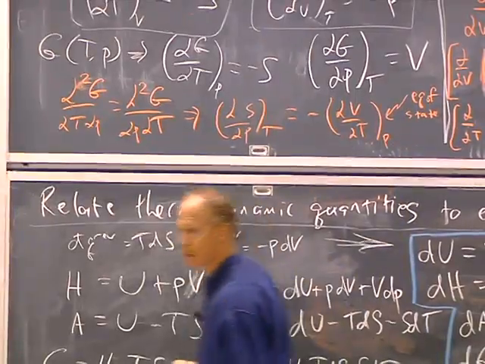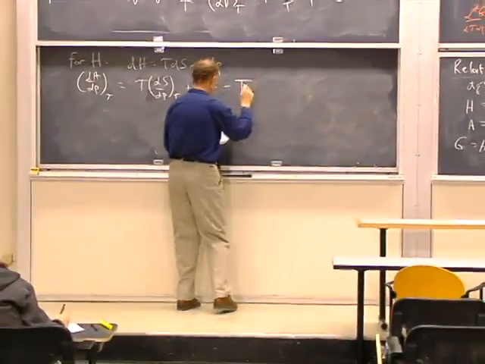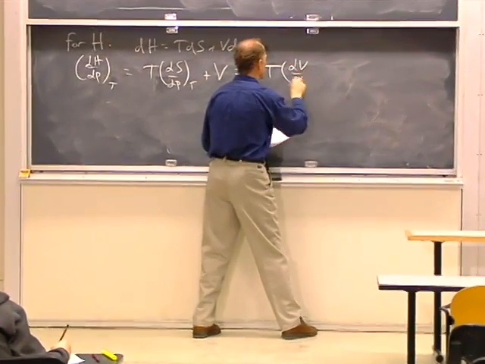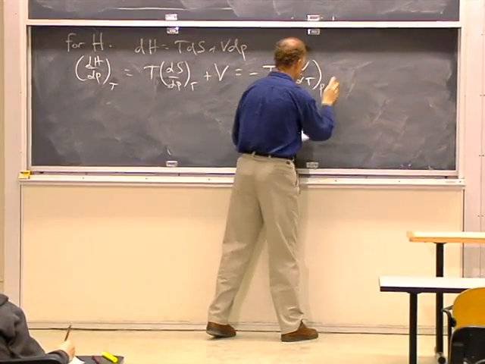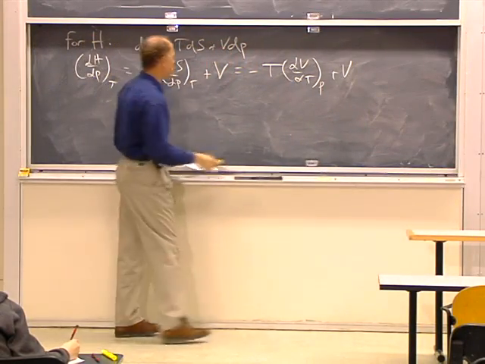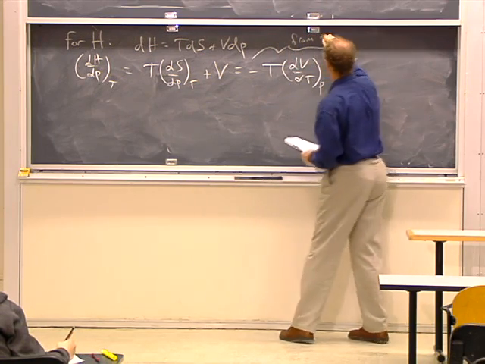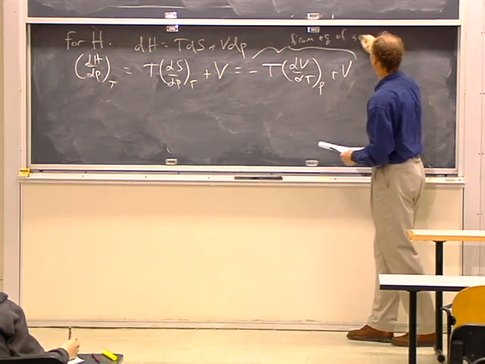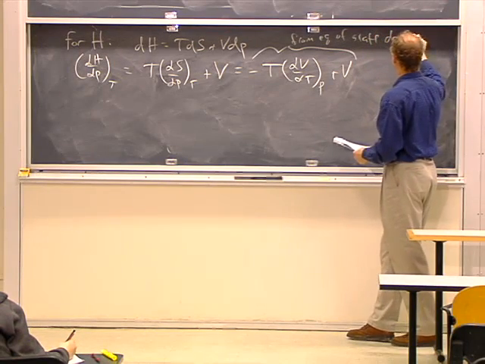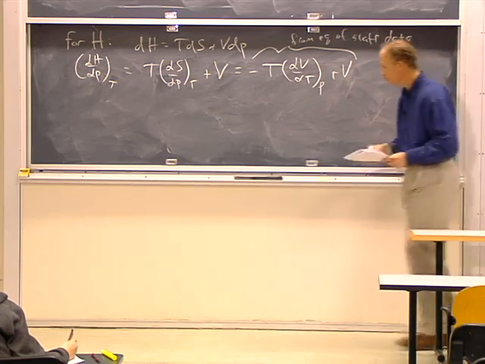Only V, T, and P appear. So it's minus T dV/dT at constant P plus V. And so again, this can come from equation of state data, right?